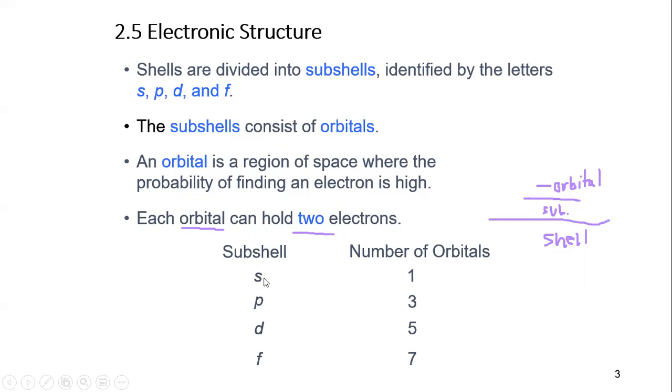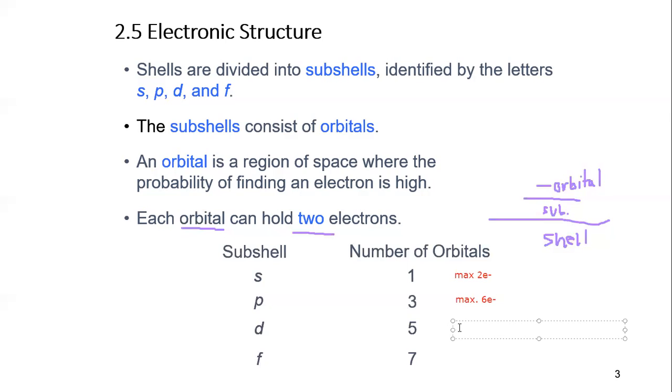And so this tells you the number of orbitals for each subshell. The S subshell has only 1 orbital, so it has a maximum of 2 electrons, whereas the P subshell can have a maximum of 6 electrons, because each orbital, again, can hold 2 electrons.